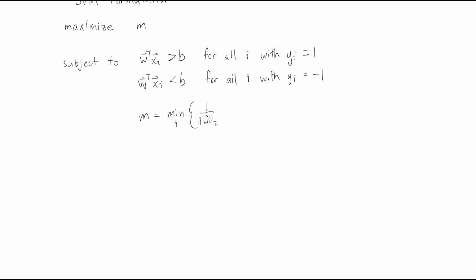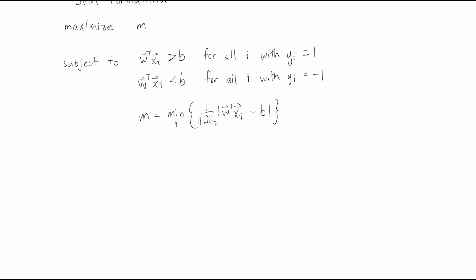So this is basically the distance formula from any point xi to the decision boundary. So that's going to be the absolute value of w transpose xi minus b. Okay, so that's the formulation that we saw.